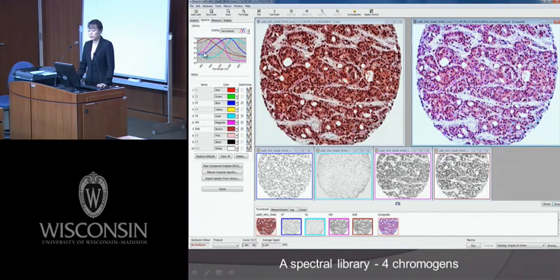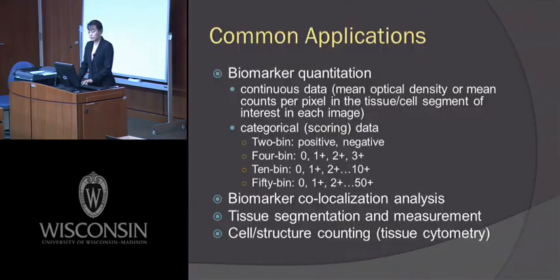As you can see, the bandwidth for each chromogen is much broader. That's why it's relatively limited. The narrower the bandwidth, the better the resolution, and then you can do more markers with narrower-bandwidth chromogens or dyes.